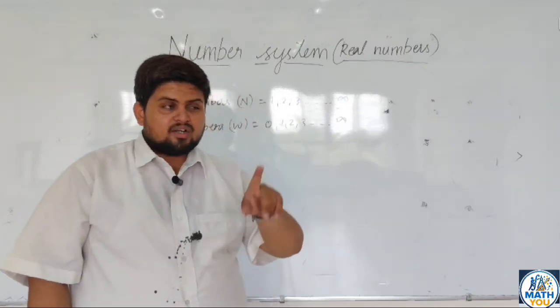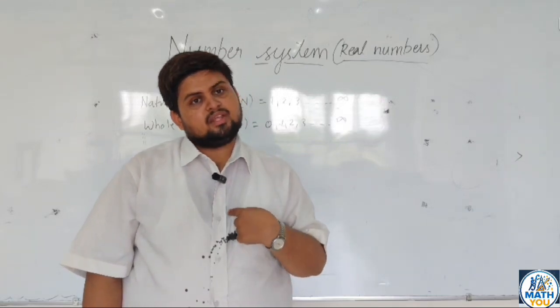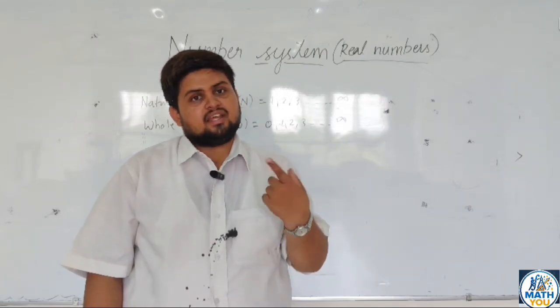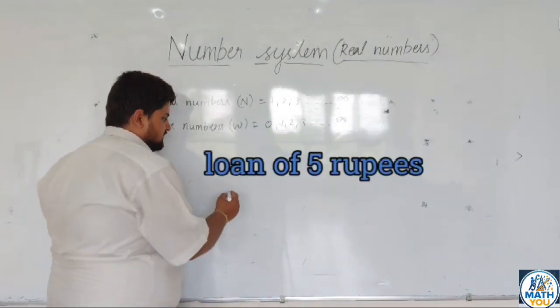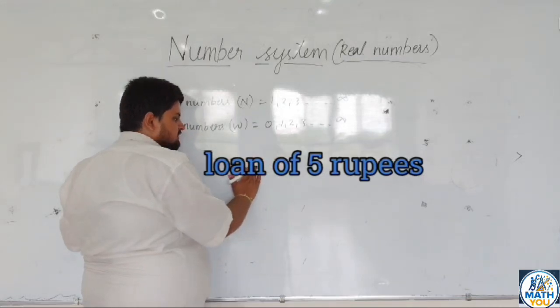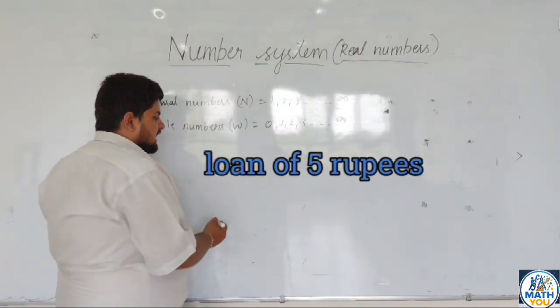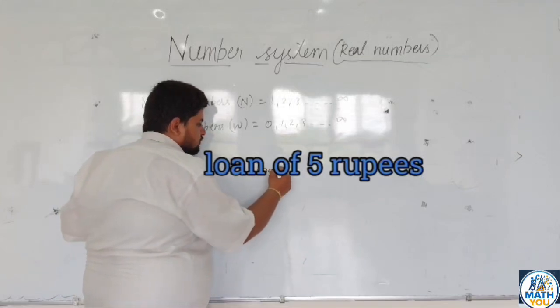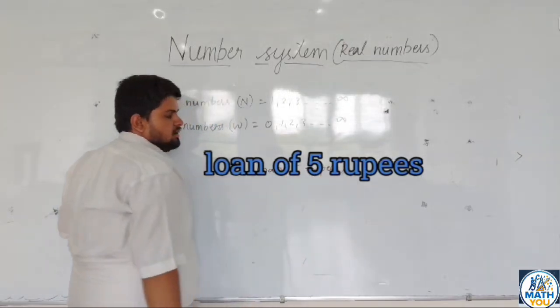The amount left with my friend was 0 rupees, and the amount left with me was again 0, but along with 0, I had a loan of 5 rupees from my friend.